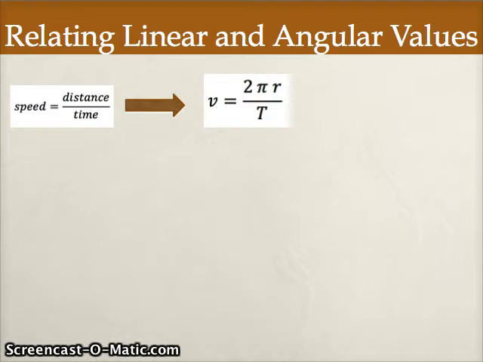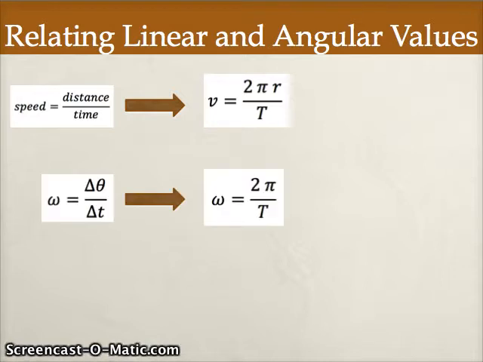So that would be 2 pi r. But every point on that rotating object travels with the same angular speed omega. Since angular speed is the change in theta over t, and they all travel 2 pi, one complete revolution, in that period capital T, they all have the same angular speed omega.